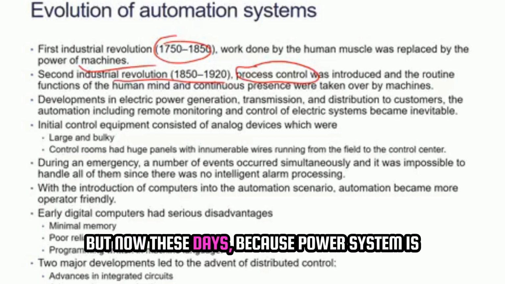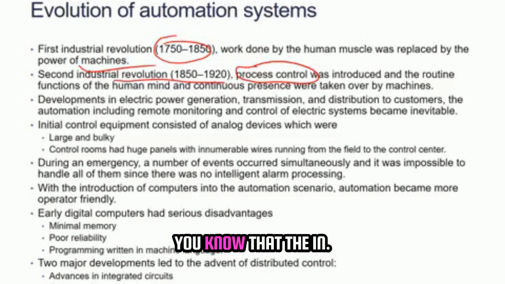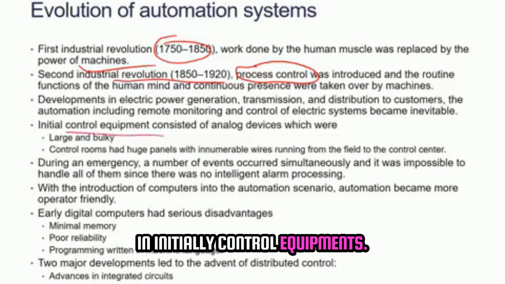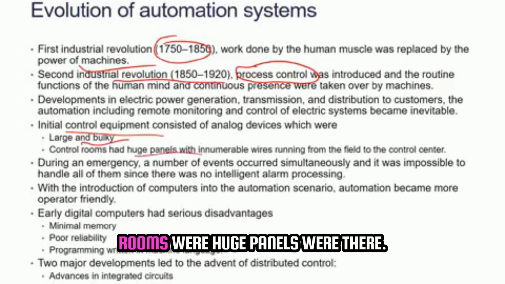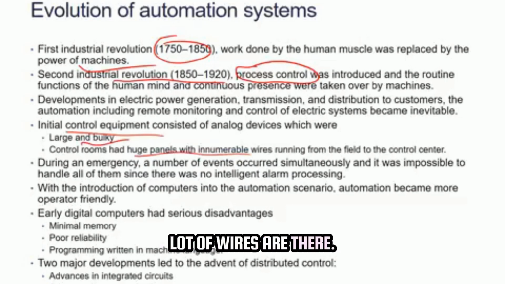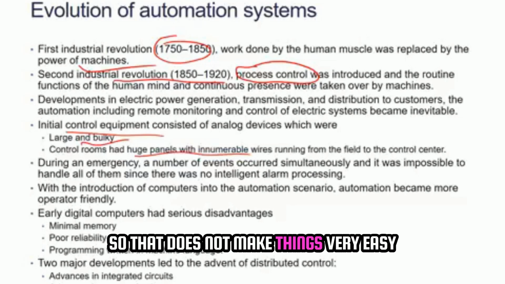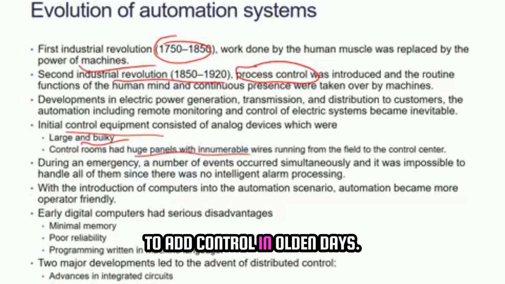But these days, because the power system is huge, you cannot avoid going for automation. Initially, control equipment was very large and bulky, and control rooms were huge, with panels and a lot of wires, which did not make it easy to add control in olden days.